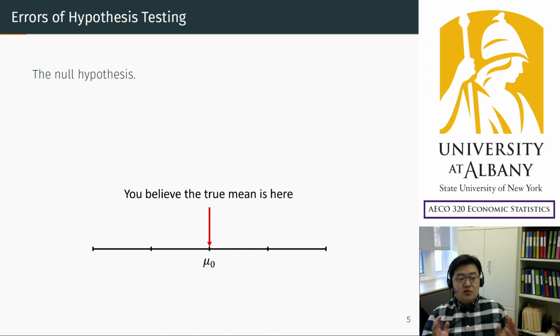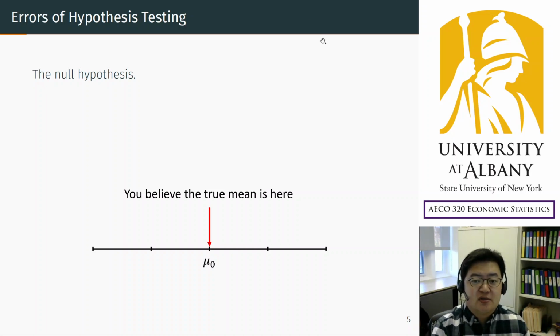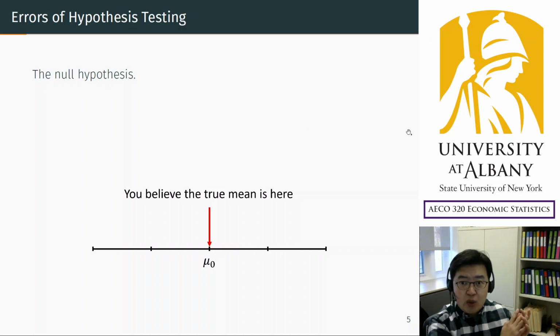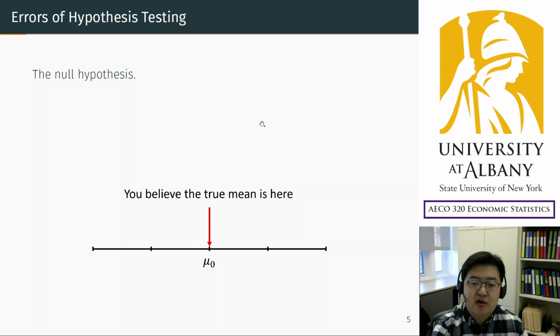Now we are going to use the normal distribution idea again. Think about the examples we considered in the previous chapter. For example, I believe that students study 40 hours before the final exam. That's my belief.